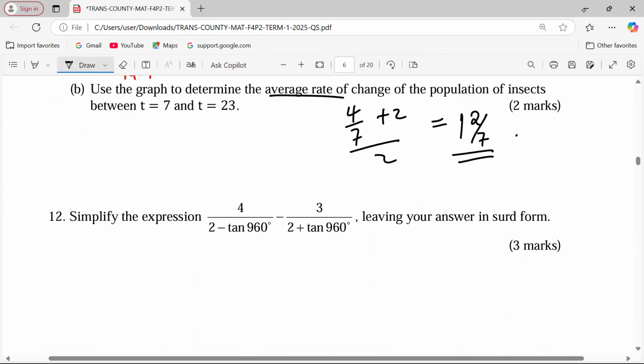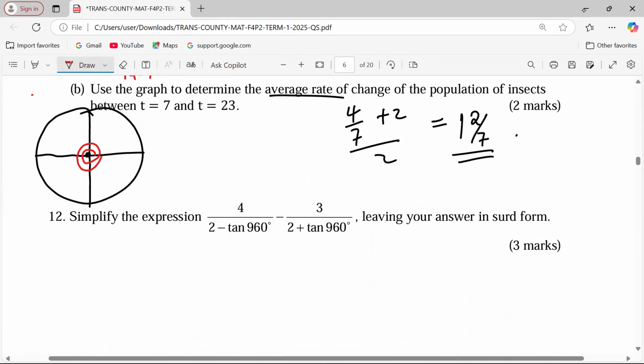Allow me first to identify the acute angle which corresponds to 960. So take a unit circle, then we have the quadrants there. When we use the first cycle, we have an angle of 360. When we move again, we get a complete circle again, we get 720.